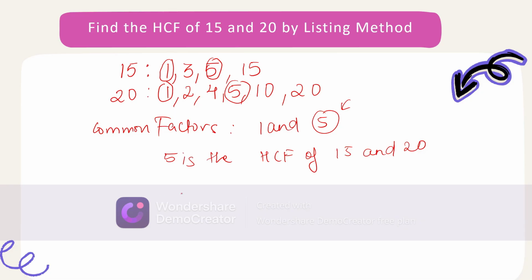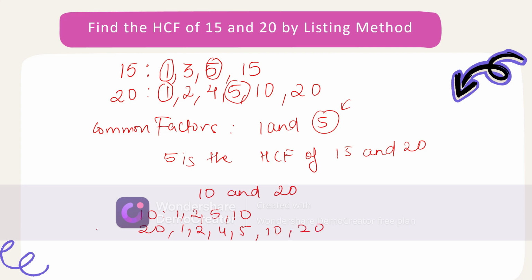Let's take one more example. Let's find the HCF of 10 and 20. I'll first write down all the factors of 10. So 1, 2, 5 and 10. For 20 the factors are 1, 2, 4, 5, 10 and 20.